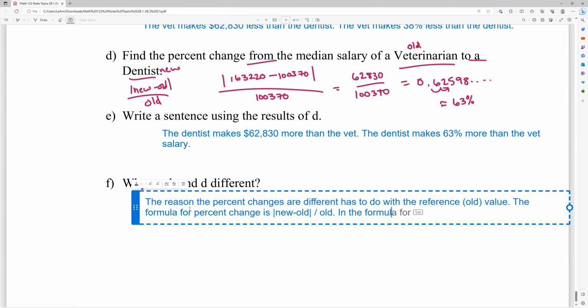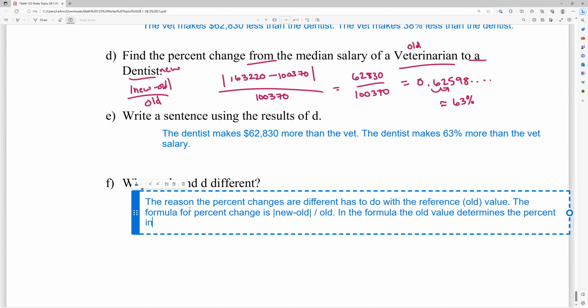In the formula, the old value determines the percent increase or decrease amount. That's the determining factor of why these values with the same formula on top, essentially we take the opposite value, we get a positive on top no matter what. The reason we get different percentages is our reference value. It's our, what did we come from, okay?